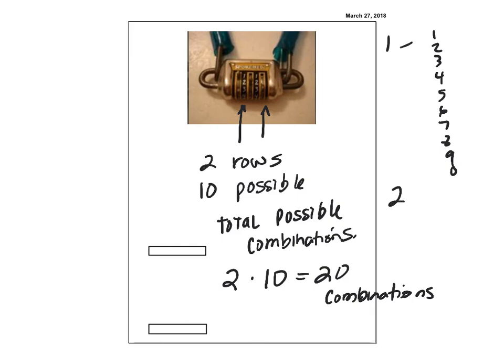Then the second row, you could try 1, 2, 3, 4, 5, 6, 7, 8, 9, or 0. And you would get all possible combinations of this lock. So this is the fundamental counting principle.